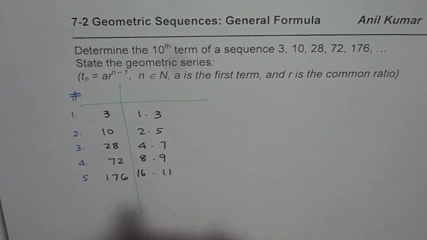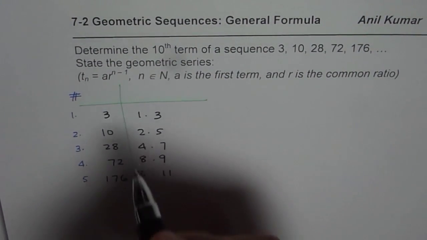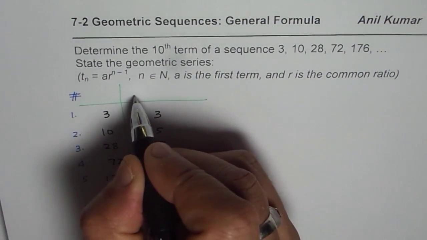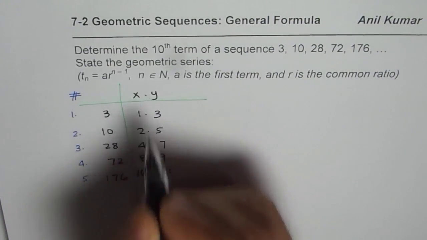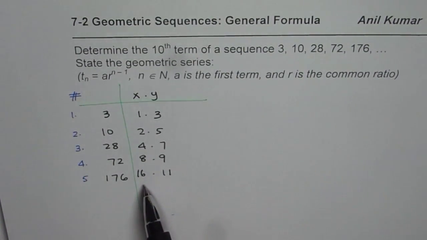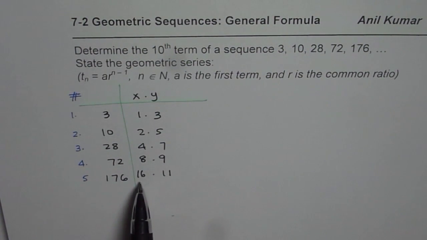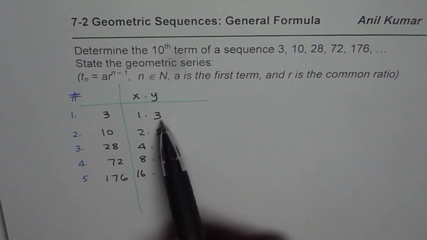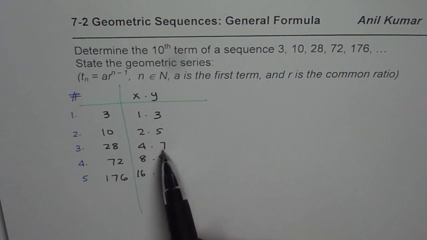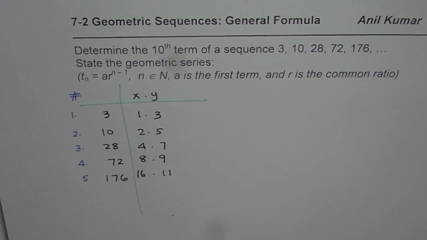Now you will notice that we are having a product of two numbers, x times y, where the series of x is 2 to the power of 0, 2 to the power of 1, 2 squared, 2 cubed, 2 to the power of 4. And here we have a set of odd numbers. Do you see that?